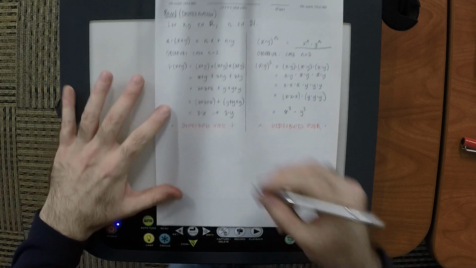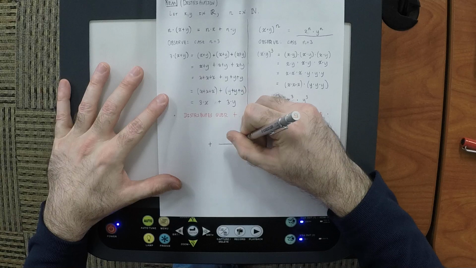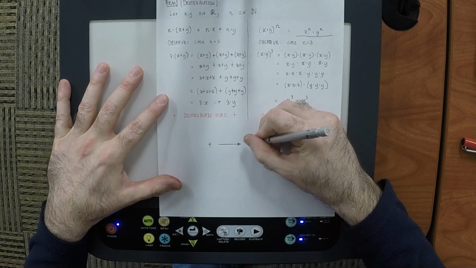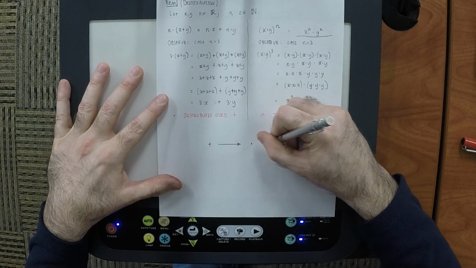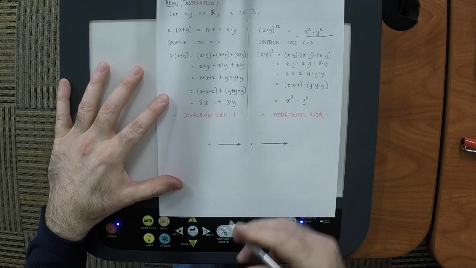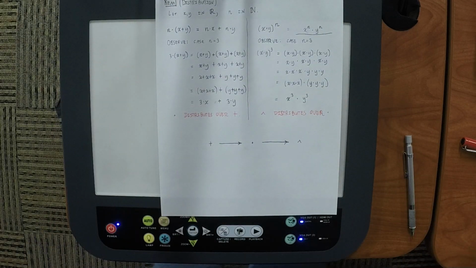The sequence is, we have add. Repeated add is what? Multiply. And repeated multiply is exponent, caret.